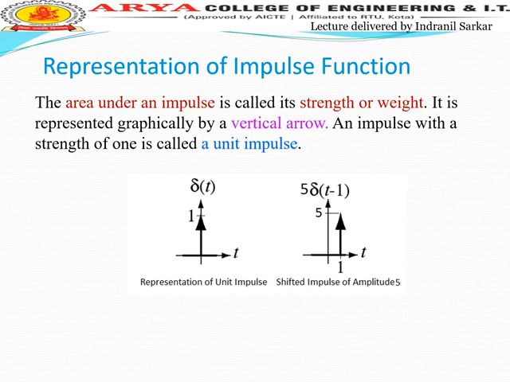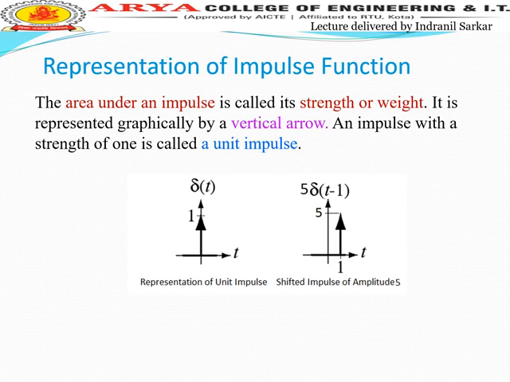On the right side we see an amplitude of 5 and it is shifted by 1. The signal is 5 del(t minus 1). We know the condition del(t) is equal to 1 when t equals 0.